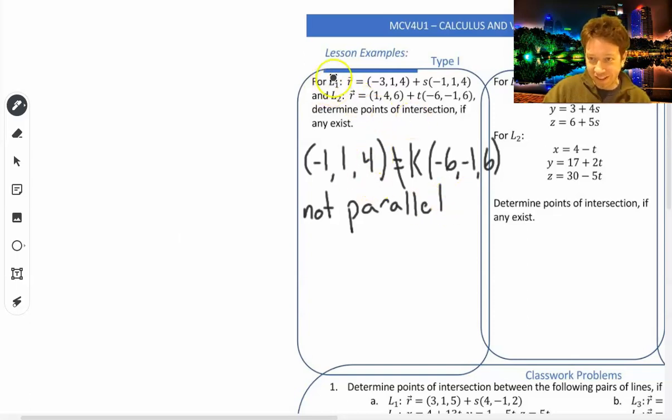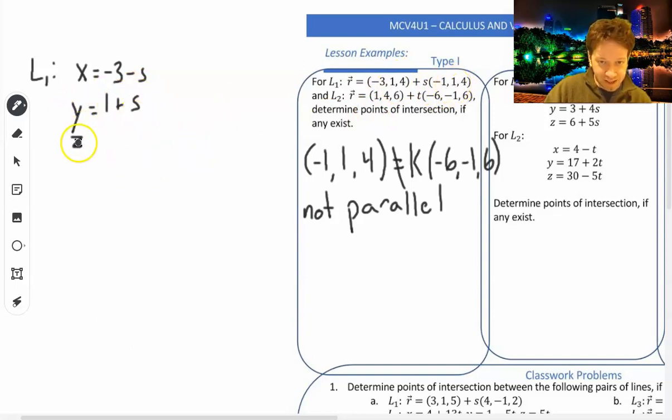So what I'm going to do is take each line and write out their parametric equations. For line 1, we have x equals -3 minus s, y equals 1 plus s, and z equals 4 plus 4s.